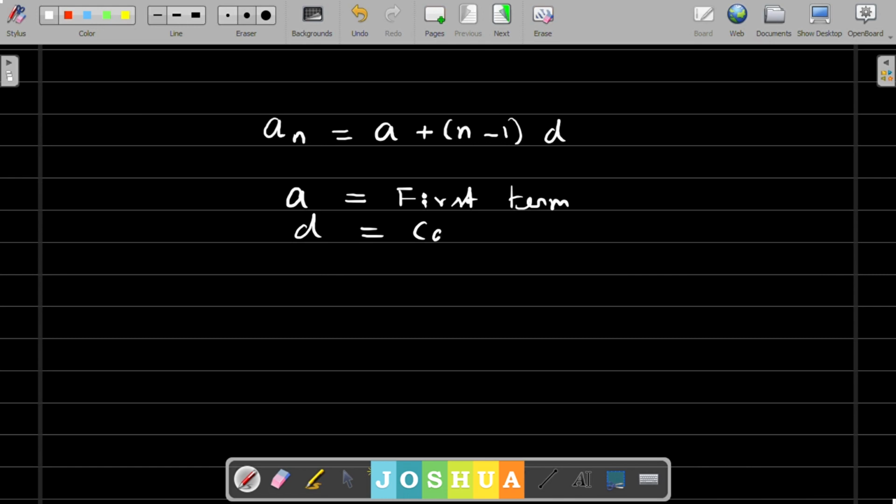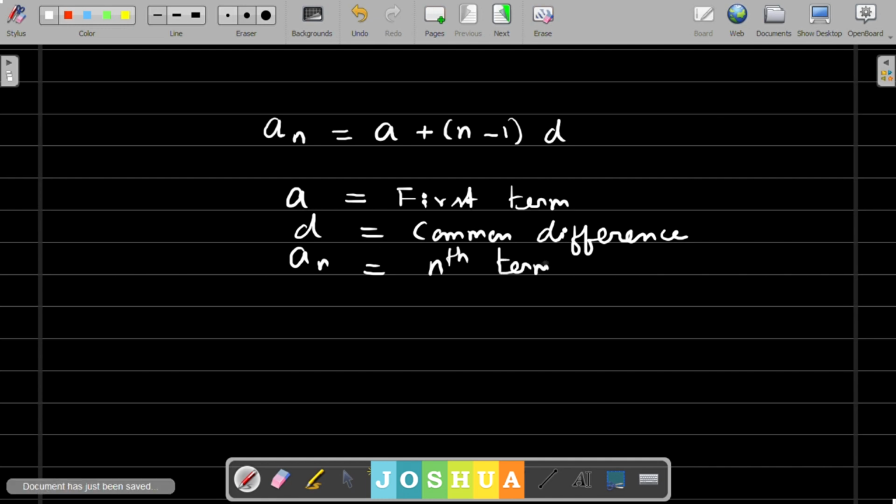And d refers to the common difference. And an refers to the nth term of an AP.